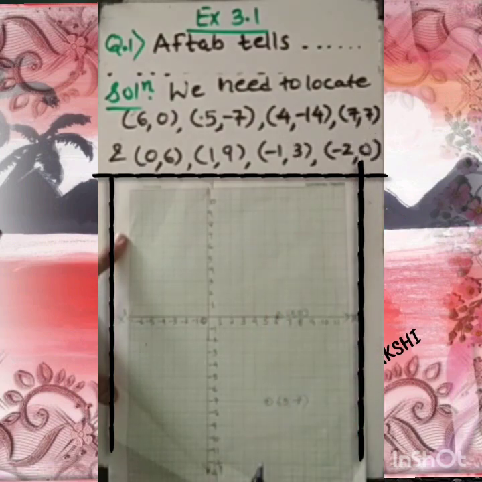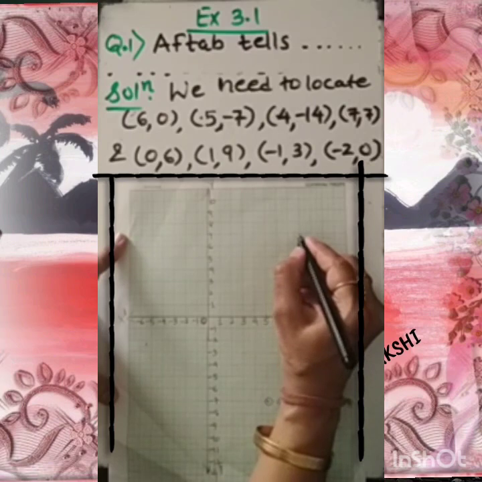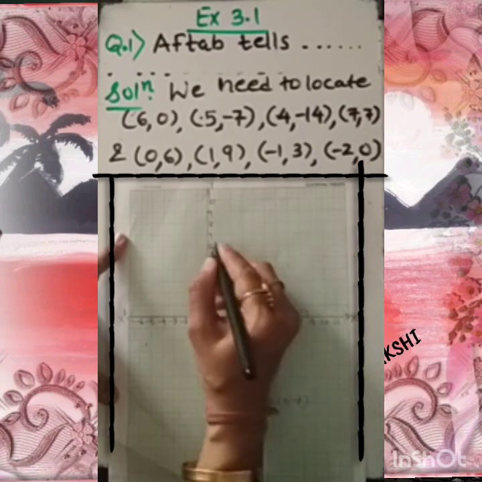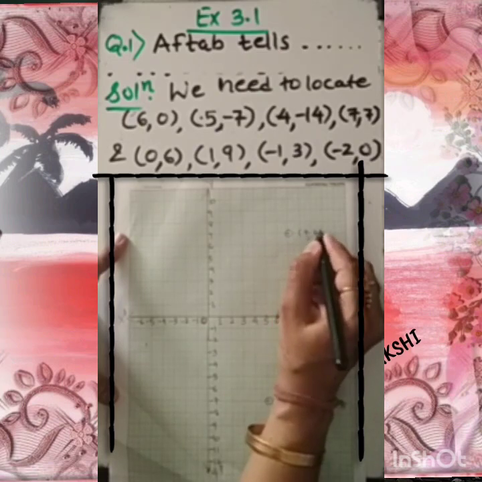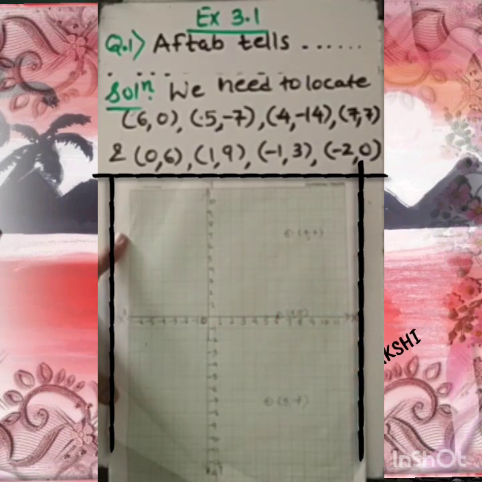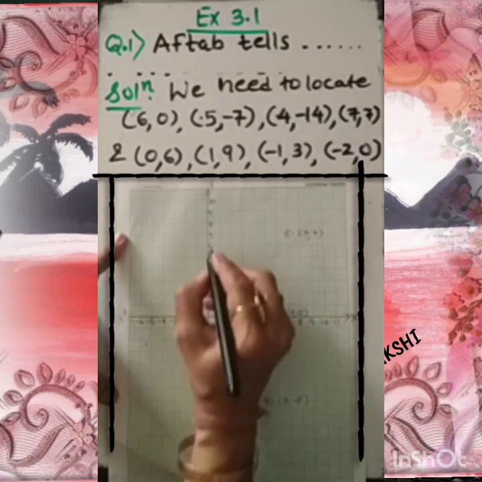(7, 7). Now (7, 7) will lie in the first quadrant. This is 7, and from this side also 7. So here it will be. (0, 6): 0 is here and 6 is here.